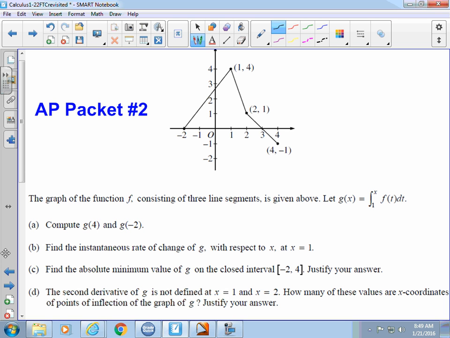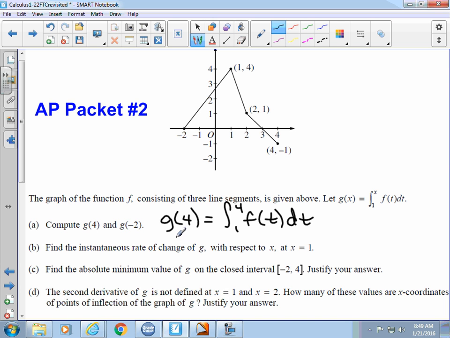Now at first glance that looks like it would be difficult since I don't have a function. But what is g of 4? The integral from 1 to 4 of f of t dt.